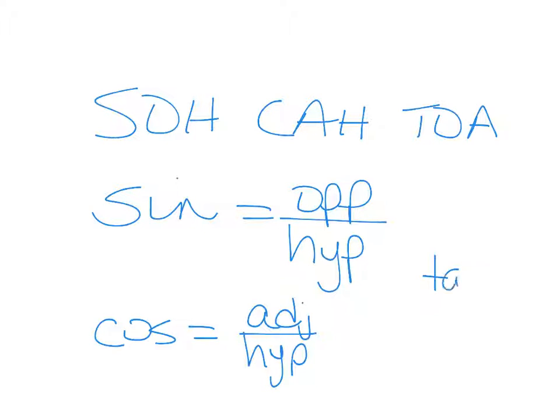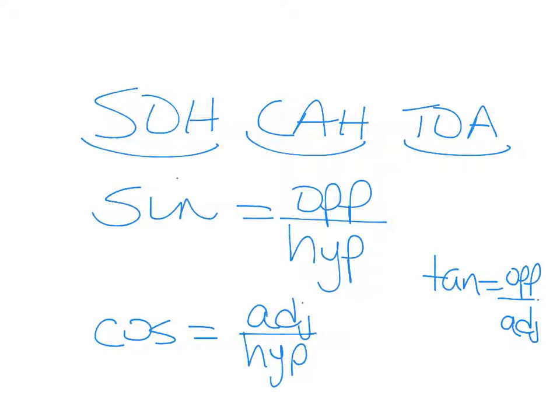And then the tan that we saw, opposite over adjacent. You'll need to memorize these three trig ratios. If you remember so, ka, toa, it makes it a little bit easier. And then you just plug in the numbers. You label your sides, which one is opposite, adjacent, hypotenuse, and it makes putting into the fraction really easy.